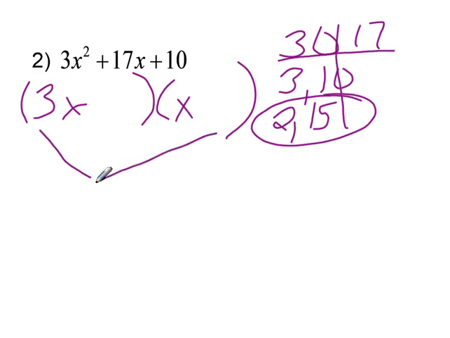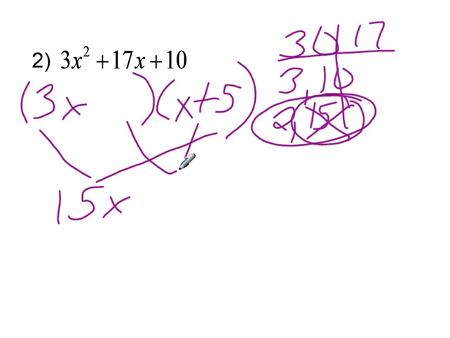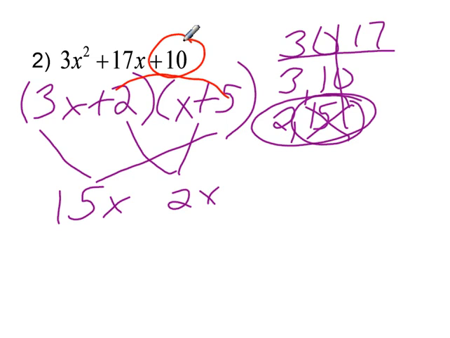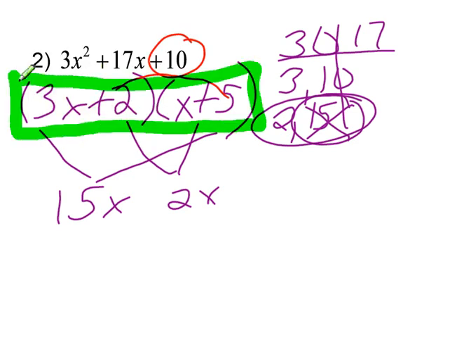Last times last is a magic number that's a multiple of 3. So 15x is your outer. So 3x times 5 gives me 15x. The other magic number is the 2x. So x times positive 2. I'm done. All I'm going to do is check last times last equals c. So yes, it does. That means that this is the answer.